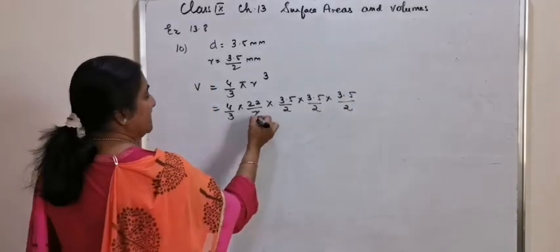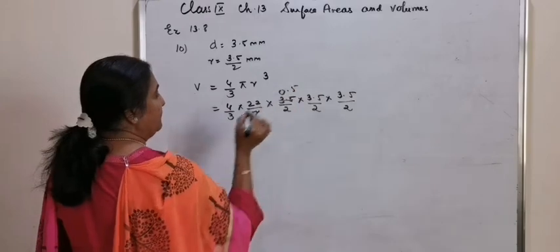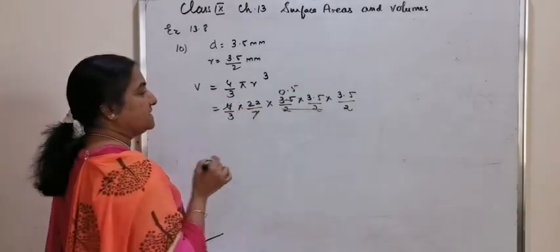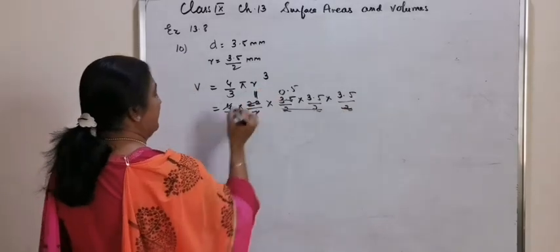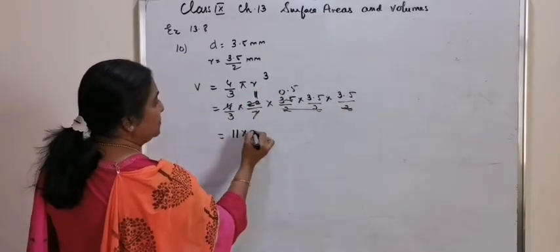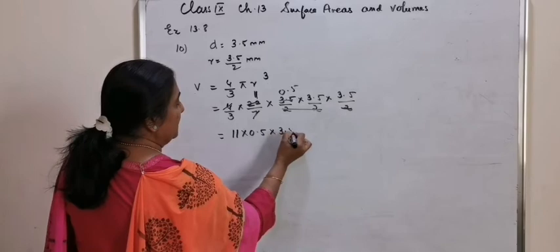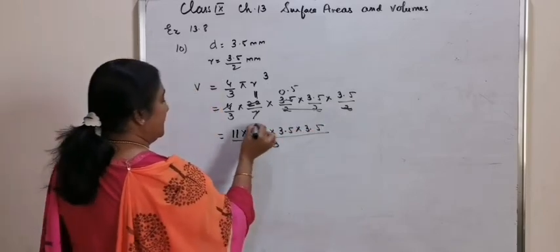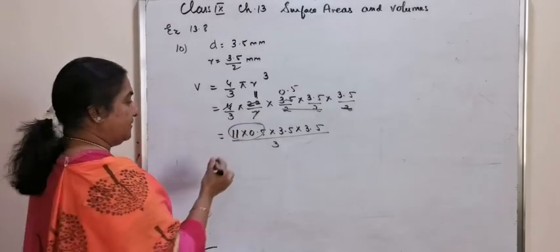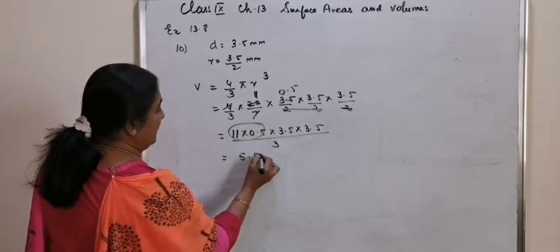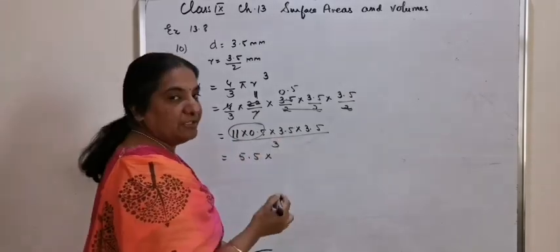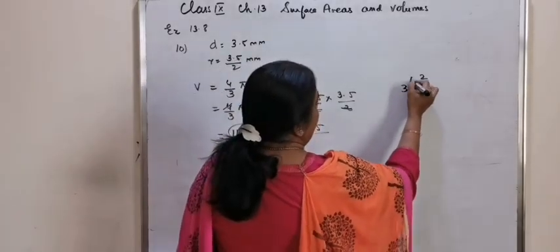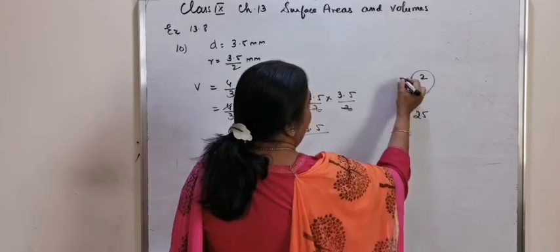7 and 0.5. The next is 2, 2 and 4 get cancelled, and this 2 with 11. So 11 into 0.5 into 3.5 into 3.5 divided by 3. 11 into 0.5 is 5.5. 35 into 35, the easy method of finding: 35 square, 5 square is 25.